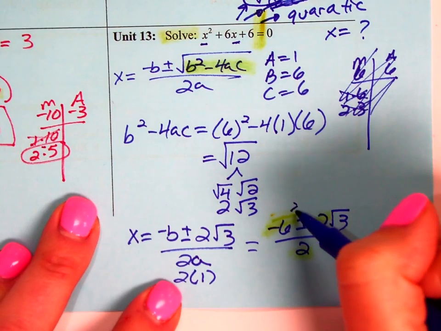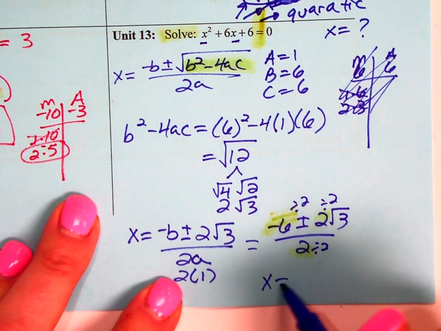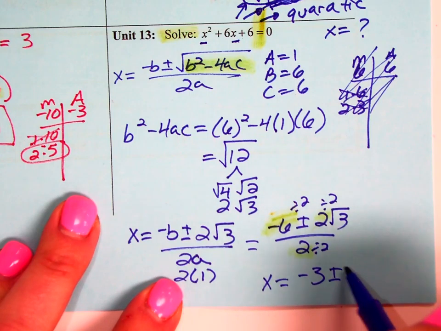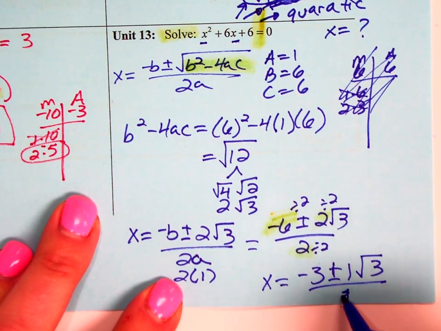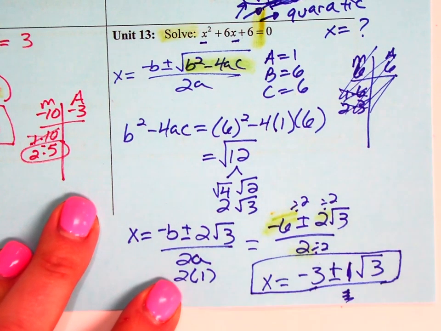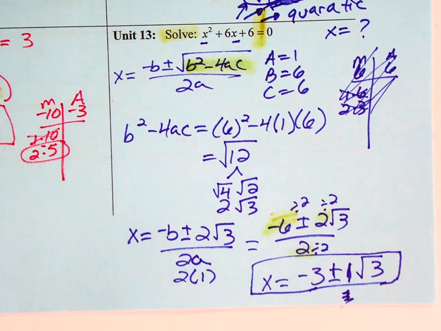Well, 2 does, so I'm going to divide each one by 2 in order to reduce this. So x equals negative 3 plus or minus 1 square root of 3 over 1. But again, dividing by 1 doesn't change anything, so this would be my final answer. If you put the 1 there, that's fine. If you don't put the 1 there, that's fine as well. All right. Once you're finished making your corrections, move to the inside of the packet and watch the other video.